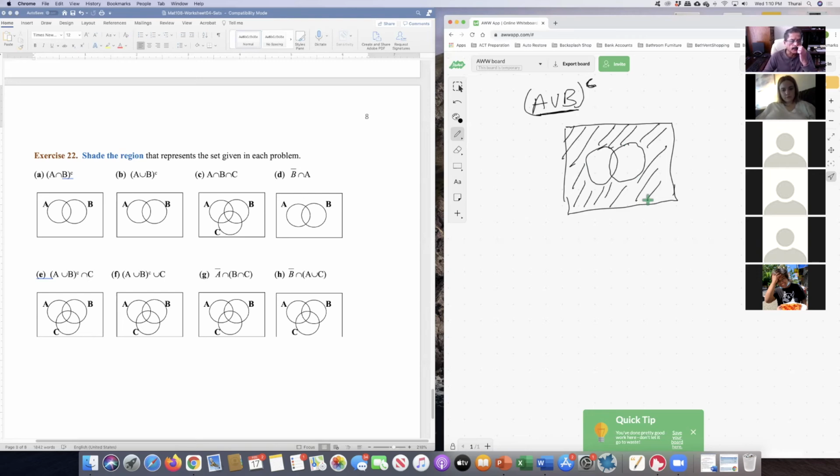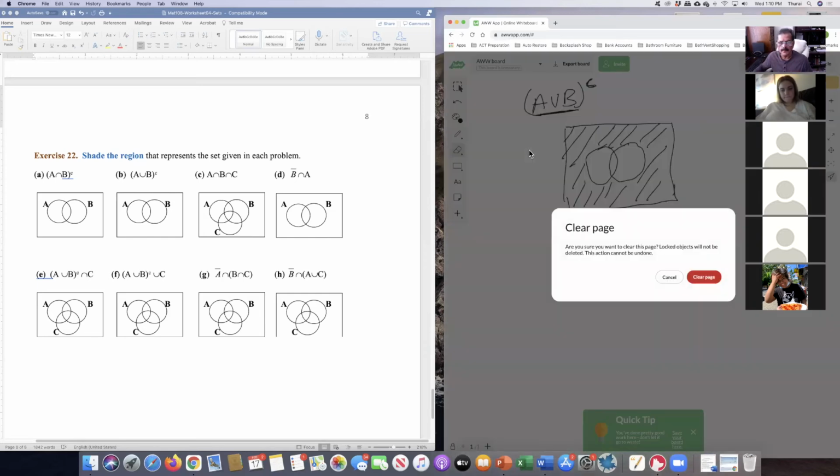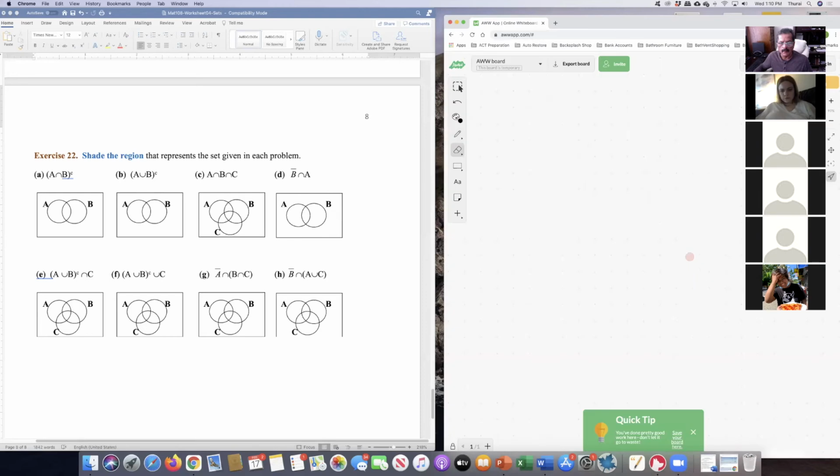Going on to question number C. Can anybody identify the solution to that? It's the part in the middle, but not the whole part. The center in the C circle, I think.